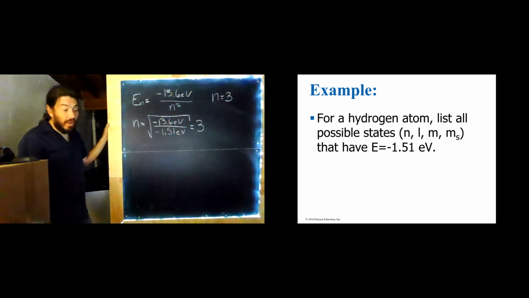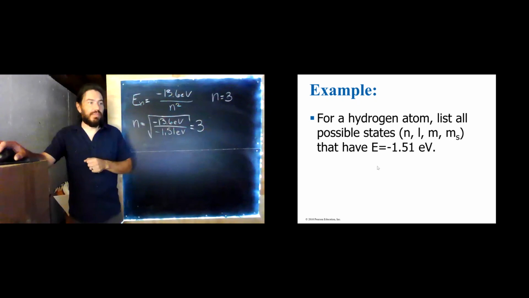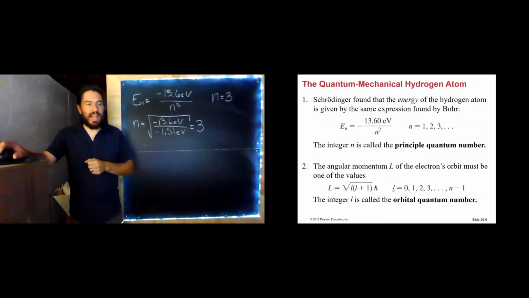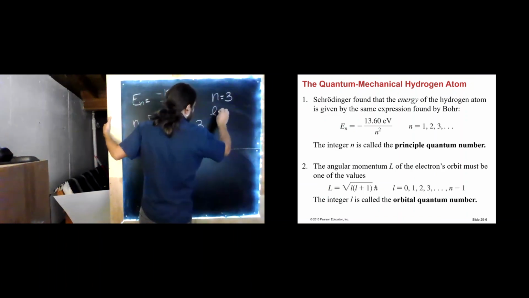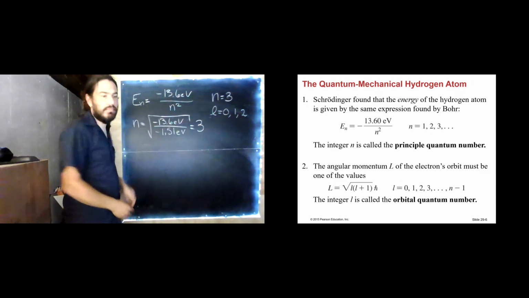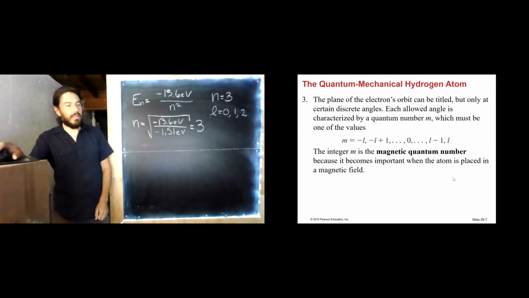Okay, we know that L, let's go back and look at these selection rules. Remind ourselves. Okay, how about L? L can go from 0 to n minus 1. So if L can go from 0 to n minus 1, that means L could be 0, 1, or 2. How about m?